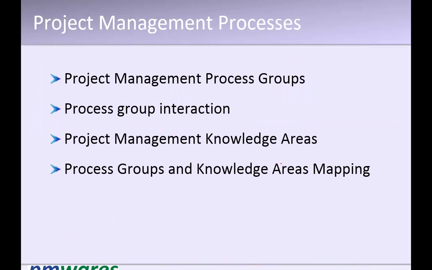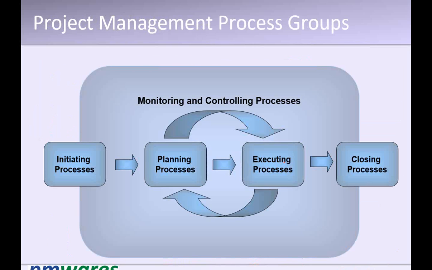Now we have project management processes. As we just saw, the PMI has grouped all the 47 processes into 5 process groups and 10 knowledge areas. The 5 process groups are initiating processes, planning processes, executing processes, monitoring and control processes, and the closing process.